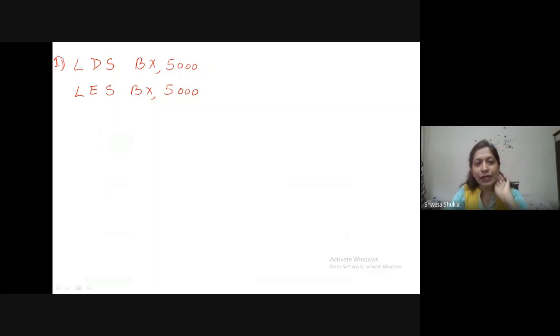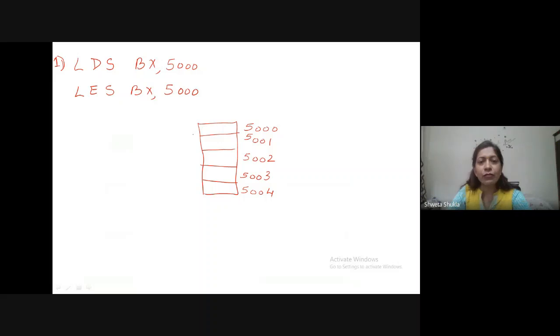In this case, what happens? Suppose we have this 5000 memory location somewhere in the data segment. So let's begin from here. We have 5000, 5001. These are all memory addresses. You can call it memory location, you can call it address, you can call it anything. So these are the locations one by one.